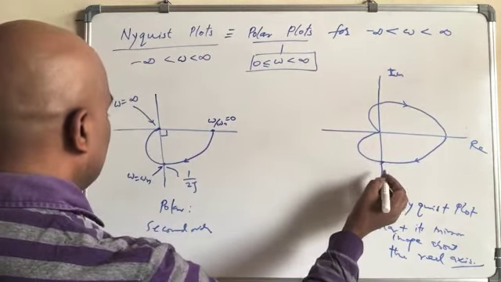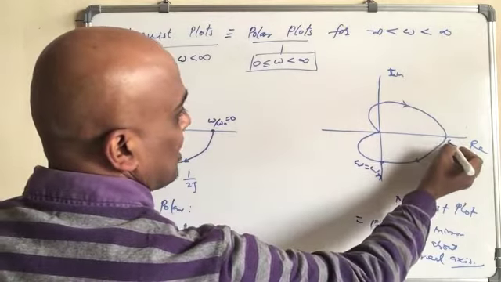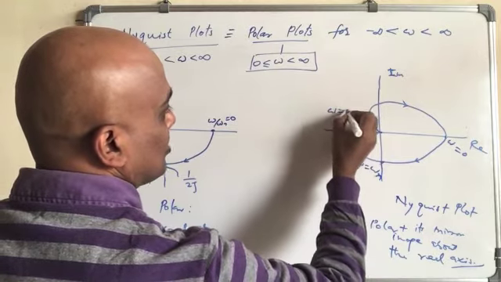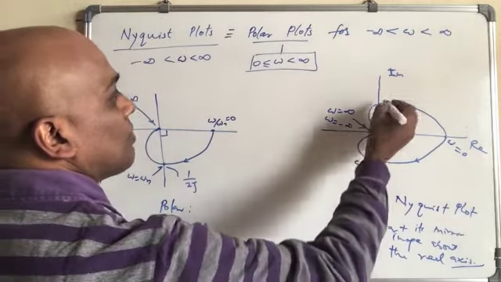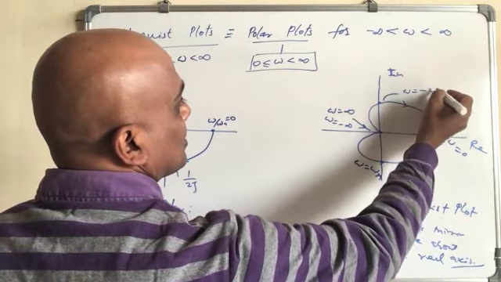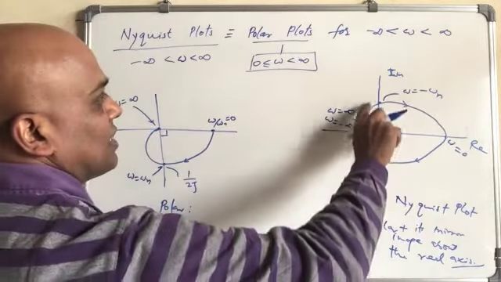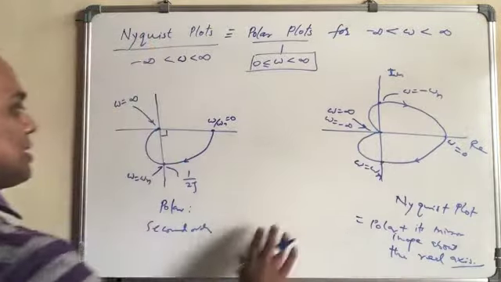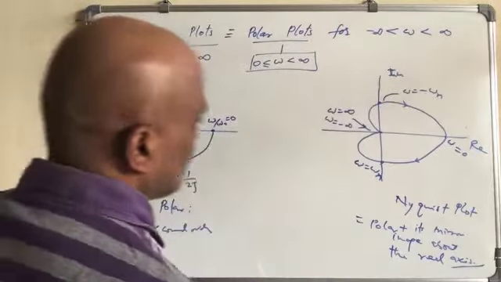Here it will be omega equal to omega n. This is omega equal to 0. This point will have both omega equal to infinity and omega equal to minus infinity. This point will be omega equal to minus omega n. And so on, from minus infinity, minus omega n, it goes to 0. Just include the mirror image and you are done. So this is what the Nyquist plot is.